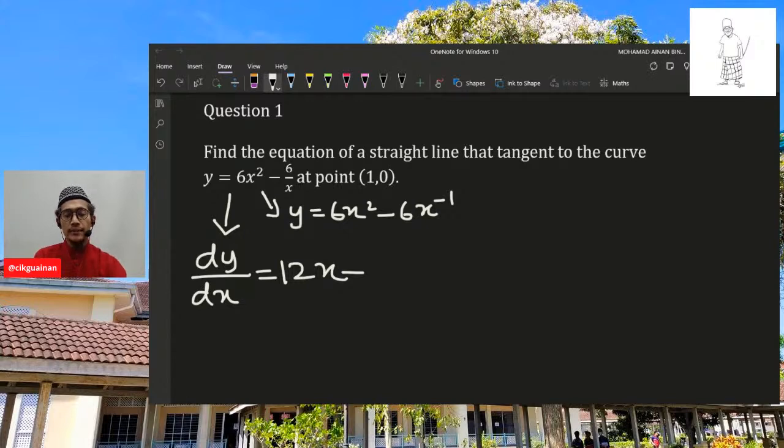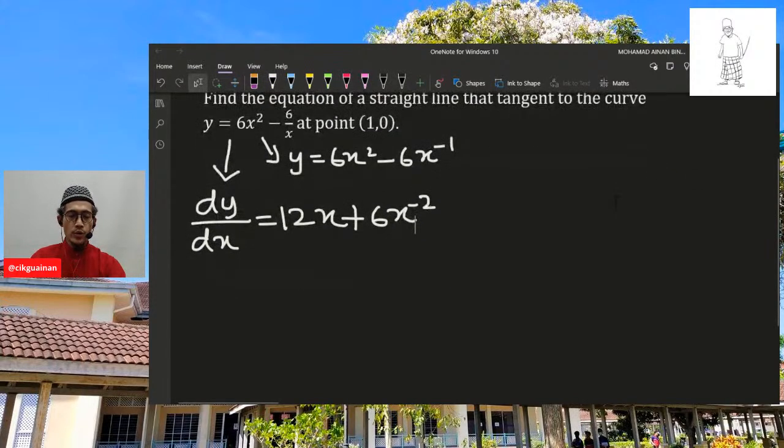That's better, easier for us to differentiate. So 6x to the power of minus 1, differentiate becomes plus 6x to the power of minus 2. The power must be less by 1. So we already differentiated the curve.